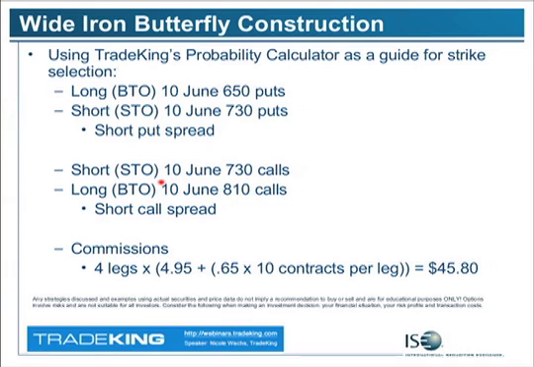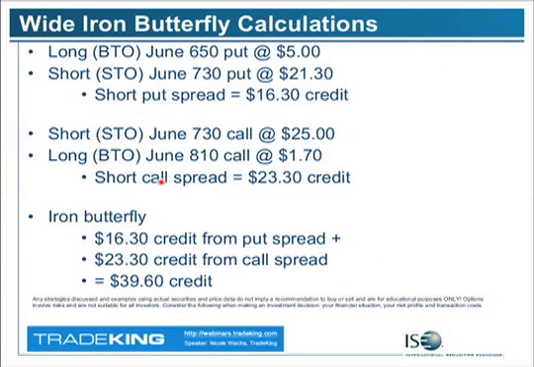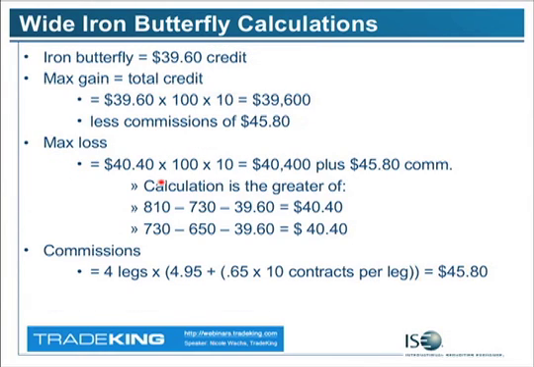So as I mentioned, I used the probability calculator as a guide for strike selection, and this is just a recap of that. Here are the numbers the amounts actually come out to: a $39.60 credit before commissions, and the loss would be $40.40 per option before commissions as well. So let's just call it 40 and 40, okay?